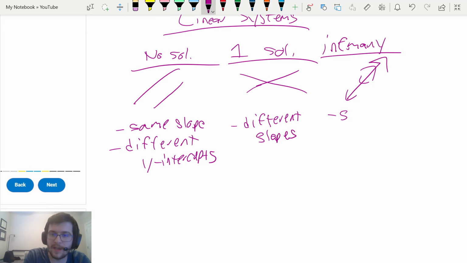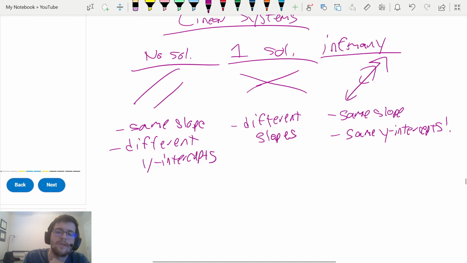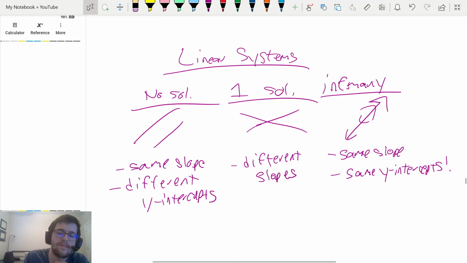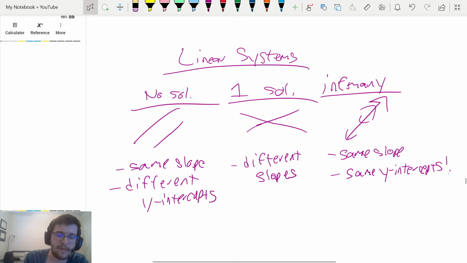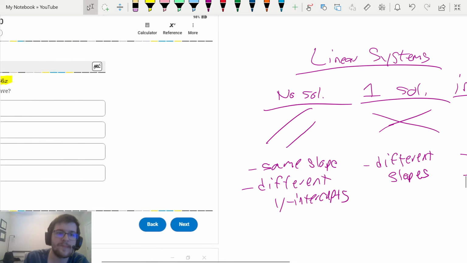And infinitely many, they have the same slope and the same y-intercept. So, you definitely want to know this for the test. I would pause this video, write this down. You should have this memorized going to the test.